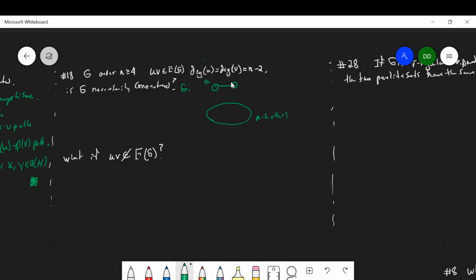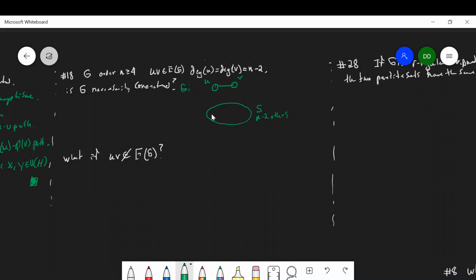So U and V have degree n minus 2, but there's already an edge between them. So U has n minus 1 vertices going down to this blob. Maybe I'll call this blob S, so I have something to refer to. So there's n minus 3 edges from U down to S, and n minus 3 edges down from V to S. So is it necessarily connected?